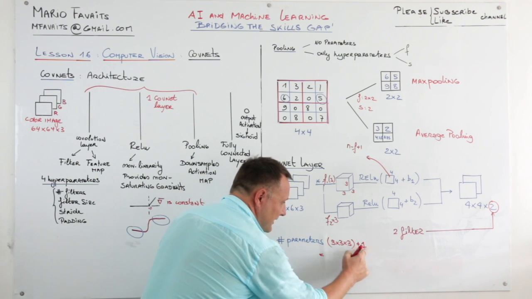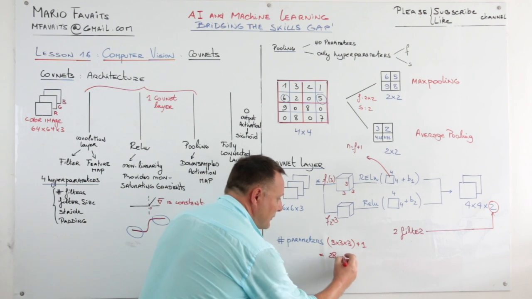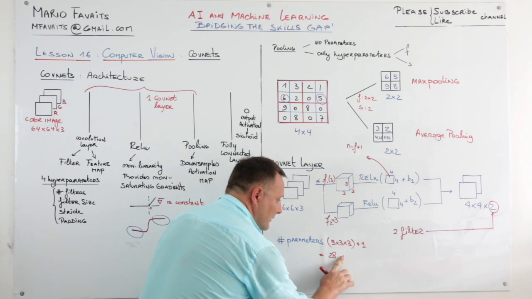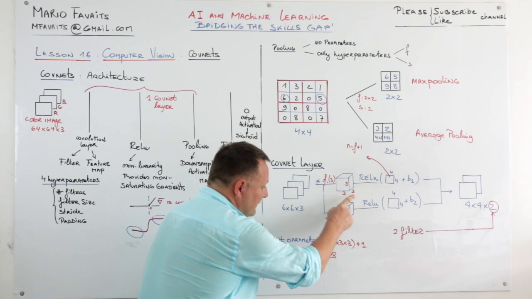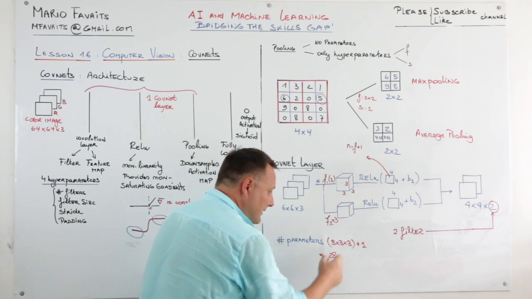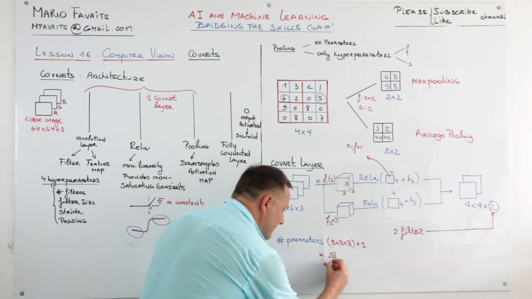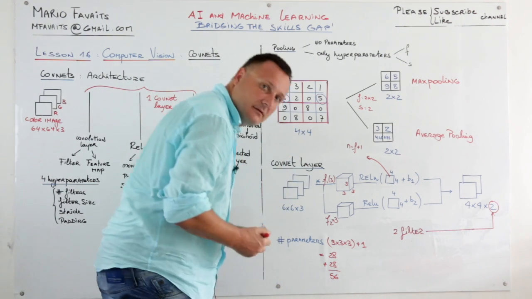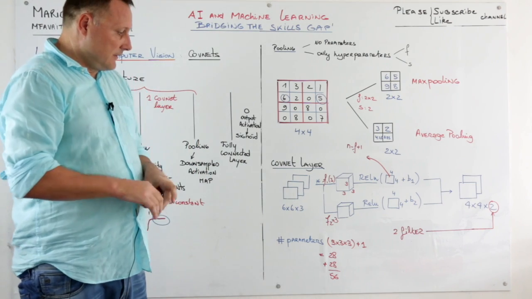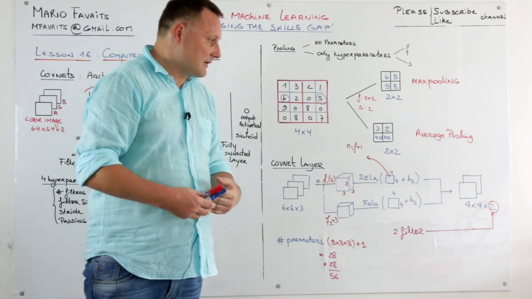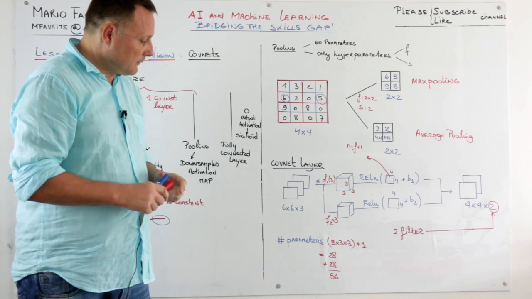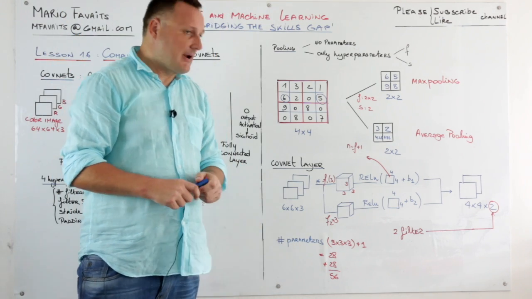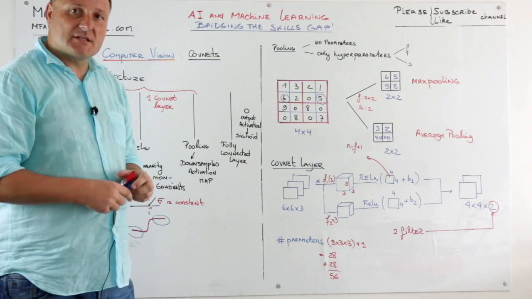So that equals 27 plus 1 is 28 parameters. 28 parameters for this filter. If we add an extra filter, then we add 28. So total is 56. You need to understand how we get there, because when we look at a more detailed example, we'll have to calculate how many parameters we have at each stage.